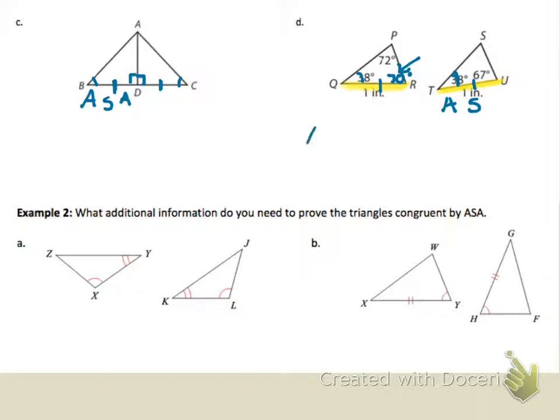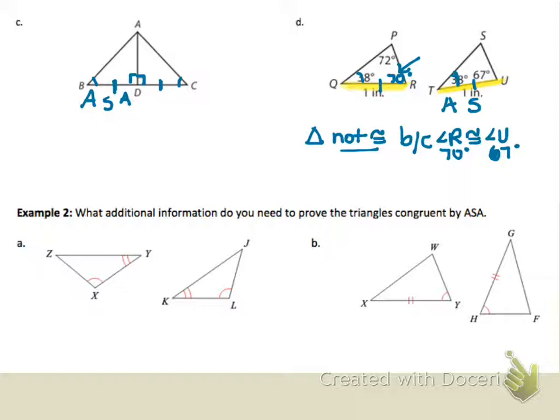The triangles are not congruent because angle R is not congruent to angle U. One is 70 and the other is 67. They're certainly close, and when these look so much alike, they're going to be close, but they have to be exact to be congruent. So that's another pair of triangles that are not congruent.